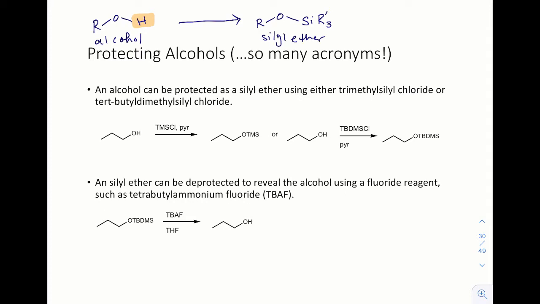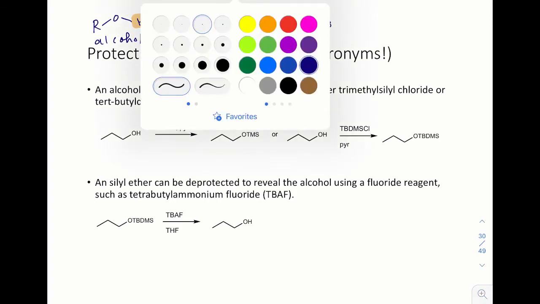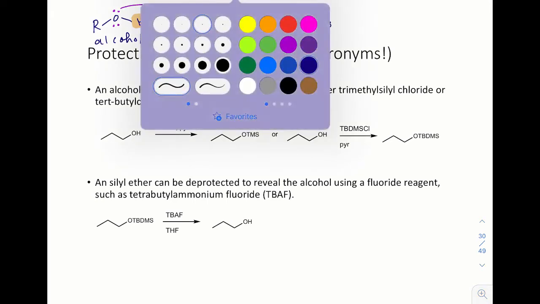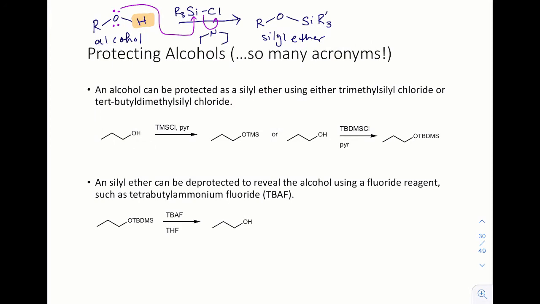To make the silyl ether, we'll need to treat the alcohol with something that contains silicon. So we're going to use this type of species. And what will essentially happen is that the oxygen of the alcohol will make a bond to silicon in an SN2. And then there'll also need to be a base because something will need to soak up this proton.